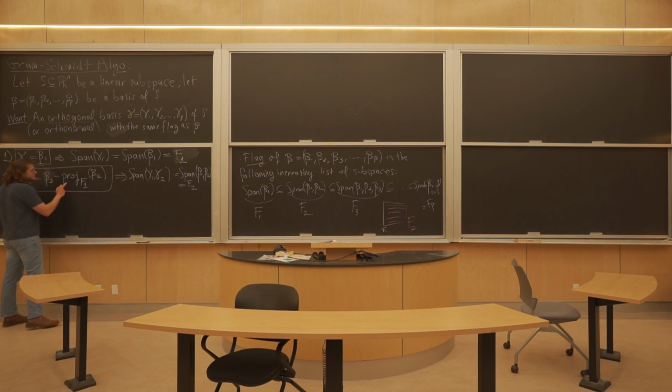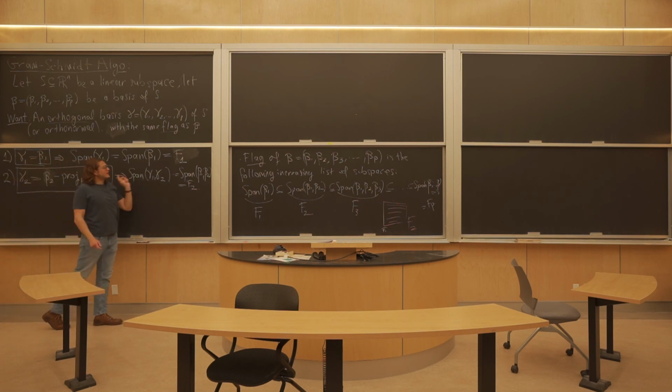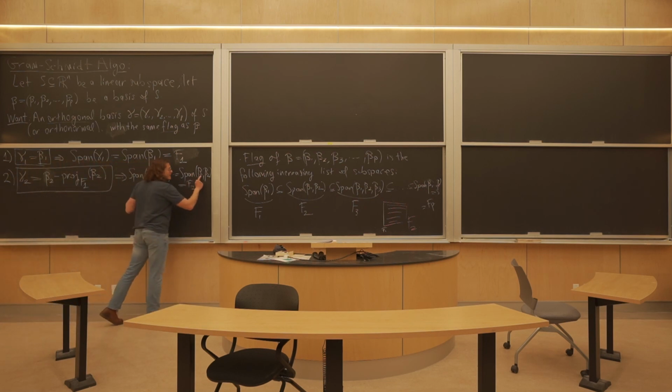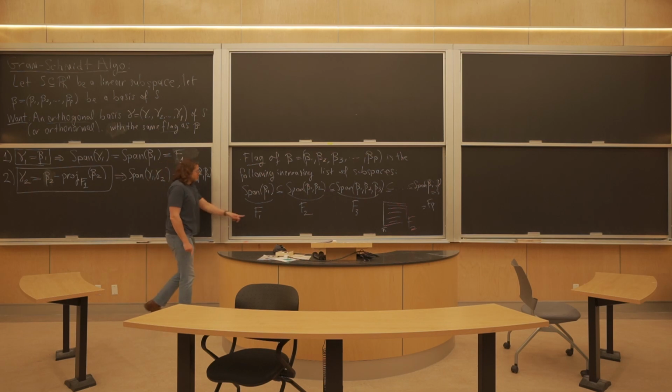So I'm orthogonally projecting the second basis element that I had onto the previous subspace. Whatever is left is going to be beta 2 minus this, and certainly this is going to be, by what we discussed, perpendicular to f1. And the span of gamma 1 and gamma 2 is going to be the same as the span of beta 1 and beta 2. In the first step I constructed something for this, now I'm constructing something for this. And I'm going to keep going.